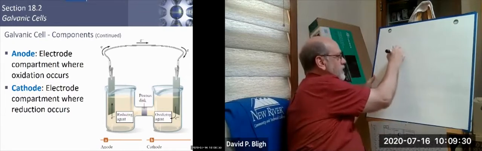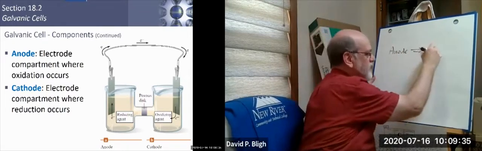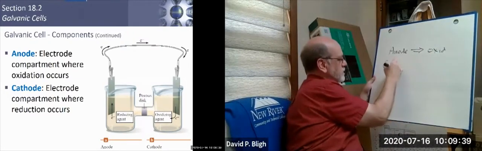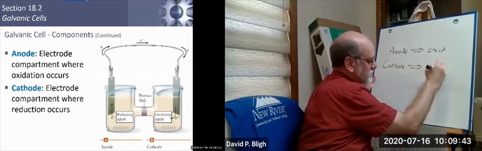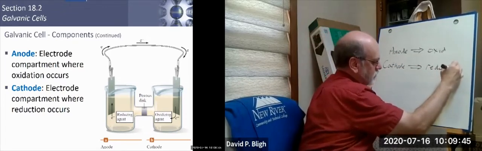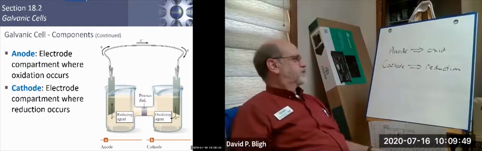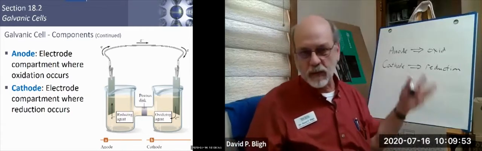So anode implies oxidation, and the cathode implies reduction. Okay? I don't have an acronym for that one.